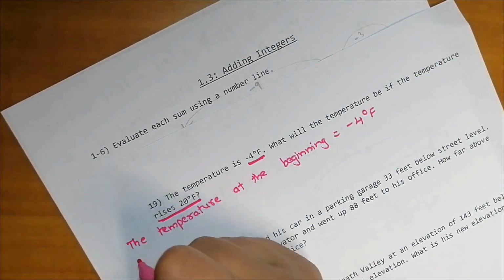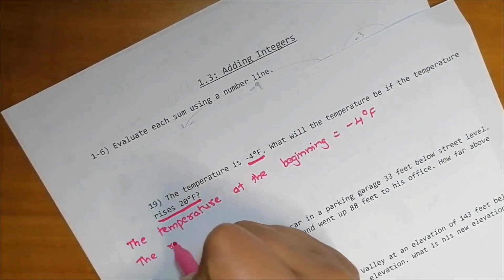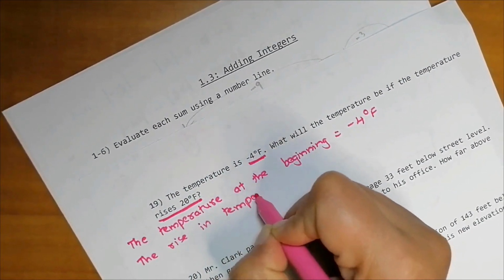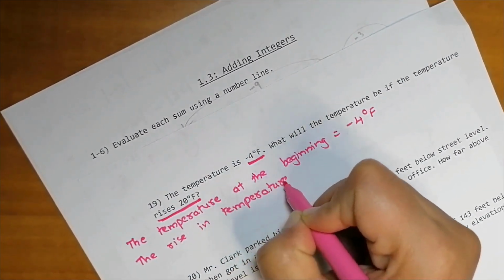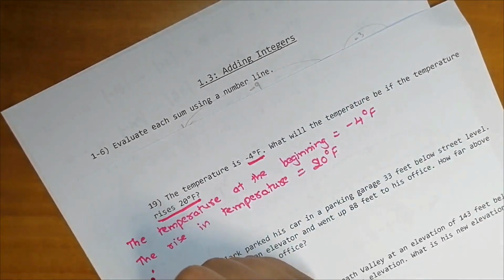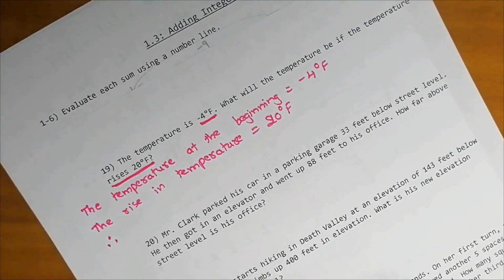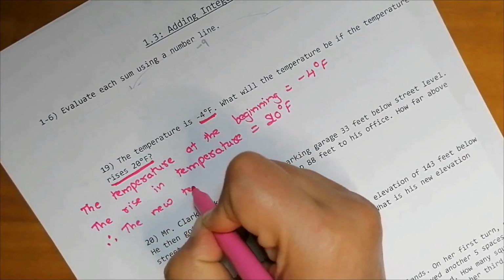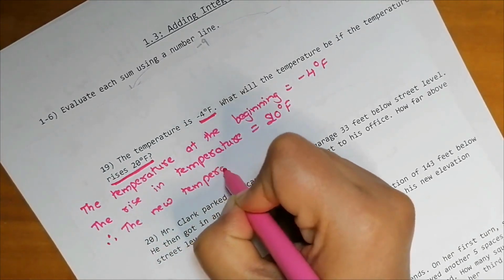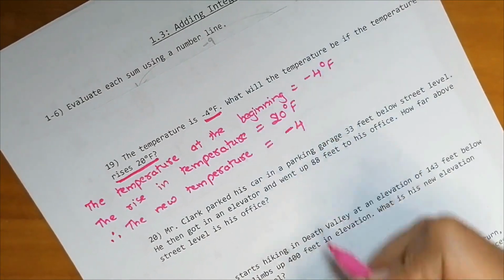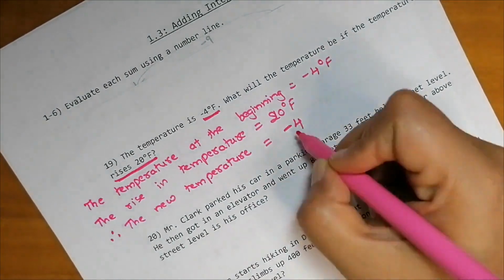Then I would say the rise in temperature is 20 degrees Fahrenheit. Therefore, this is how you write the new temperature. Now, what is the new temperature? New temperature was this.